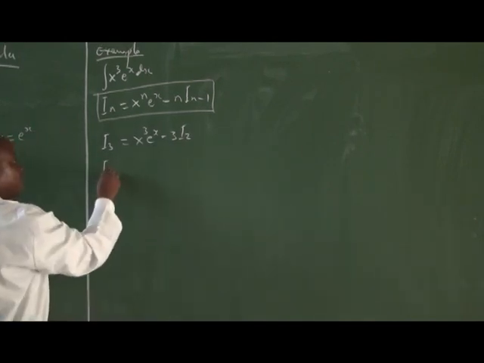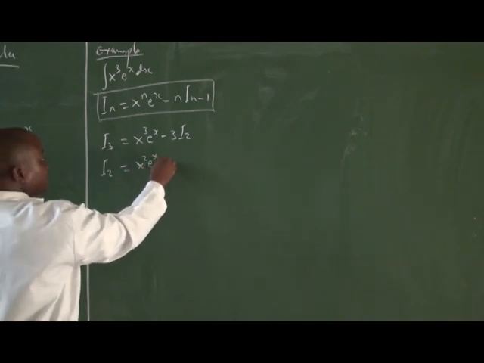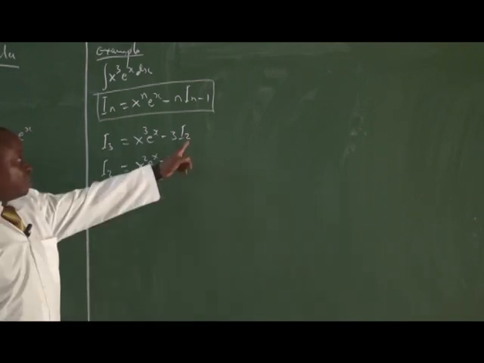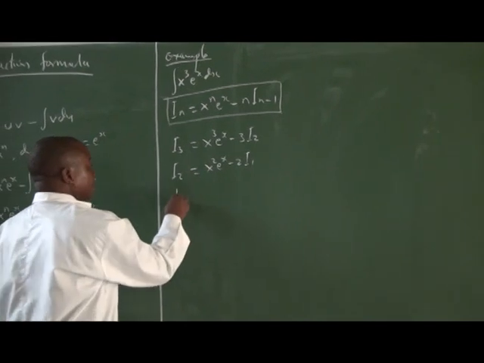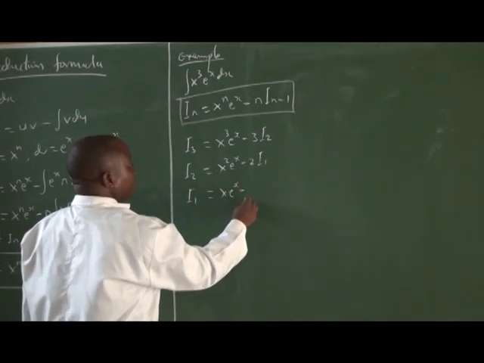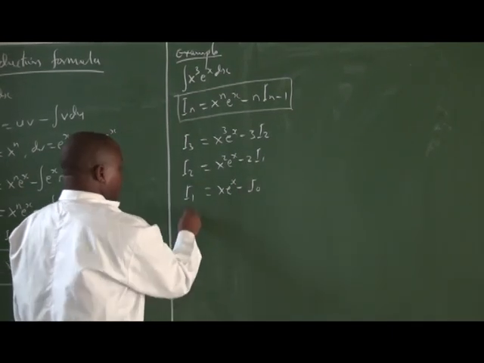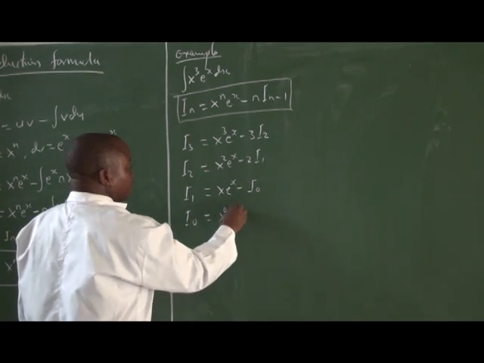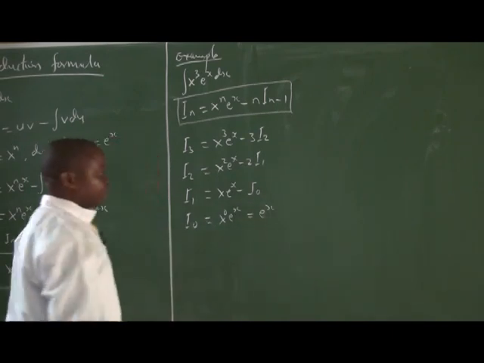Then I_2 will be equal to x^2 e^x minus 2 I_1. Then I_1 will be equal to x e^x minus 1 times I_0. Then I_0 will be x^0 e^x. Of course, this will be e^x.